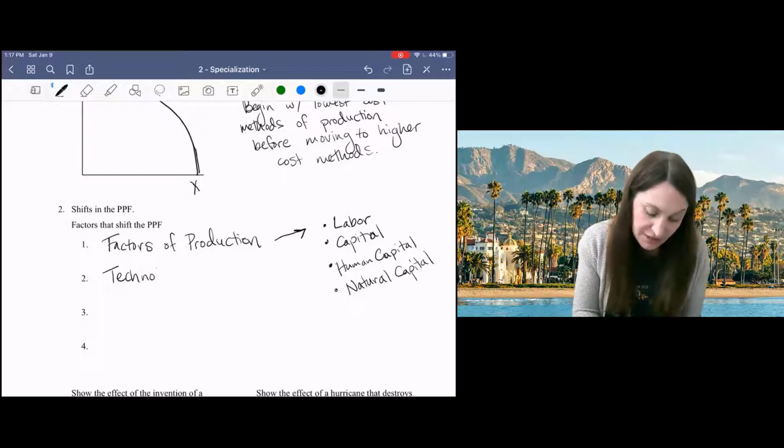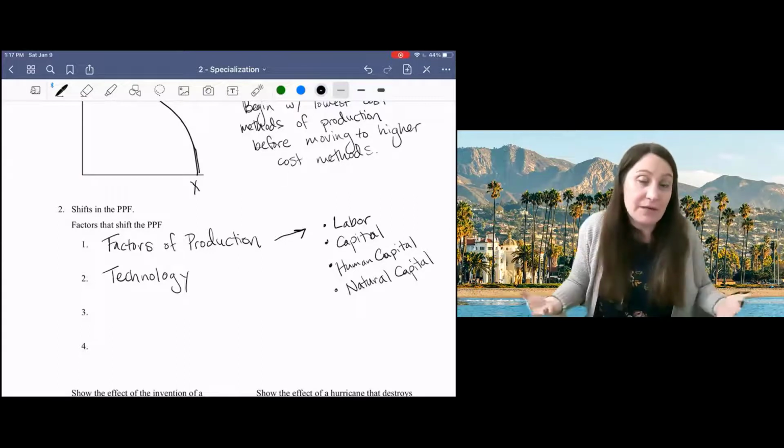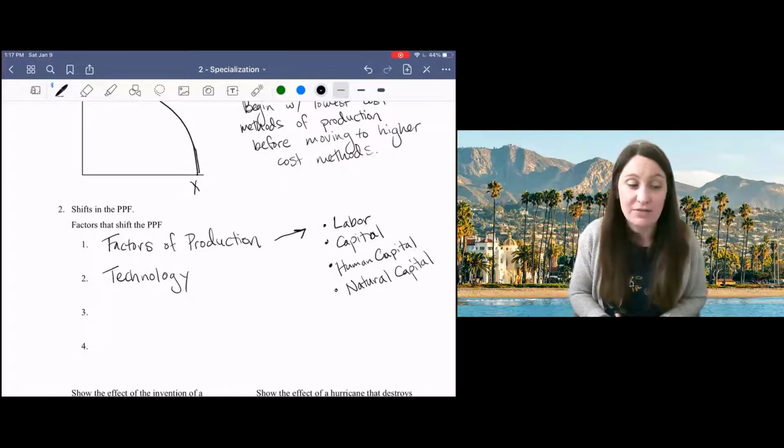We could also have a change in technology that we use for production. Maybe we invent some new method of production that allows us to produce the product using fewer resources. That would be great, and it would expand our production possibility frontiers.